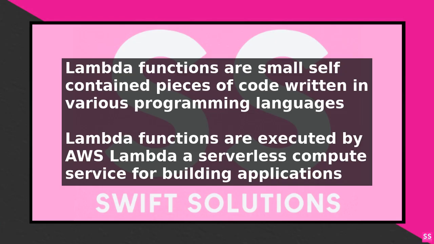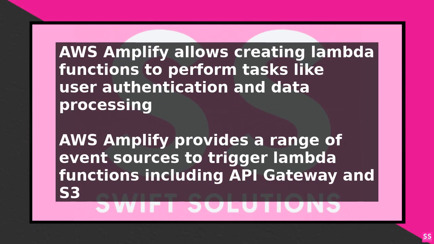To create a Lambda function in AWS Amplify, you can use the Amplify CLI, which provides a simple and intuitive way to create and manage Lambda functions. Once you have created a Lambda function, you can use it to handle events from various sources, such as API calls, changes to data in a database, or even changes to files in a storage bucket.